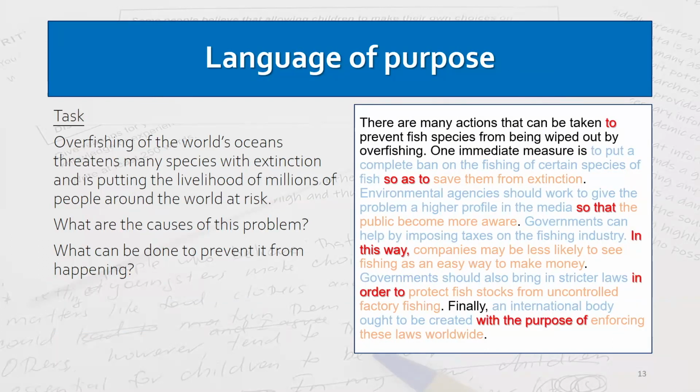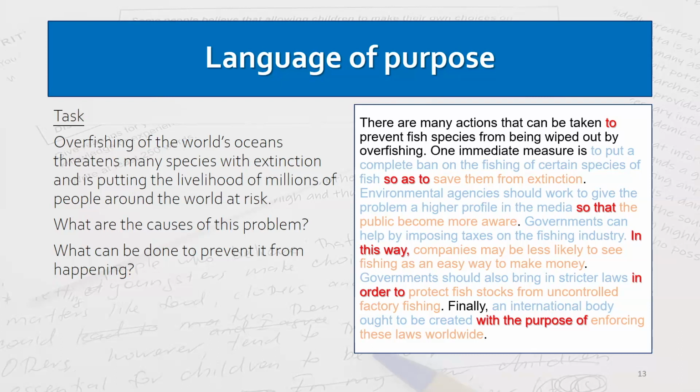Other than in order to, I think if you refresh your memory on your grammar learning in your secondary school, it's not just in order to that we can use. There can be a range of other words that can be similar to in order to, like simply to, so that, in this way, in order to, with the purpose of something.